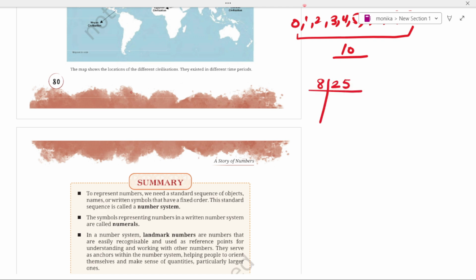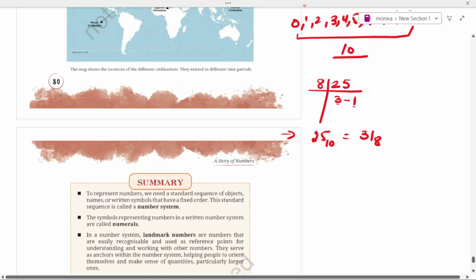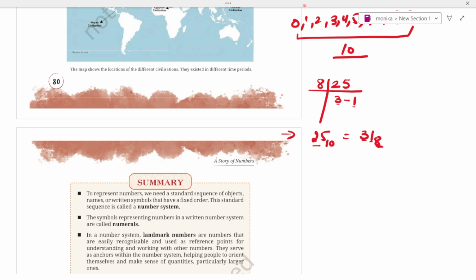Divide 25 by 8, 3 eights are 24 and you will get 1 as remainder. So 25 in base 10 can be represented as 31 in base 8. Divide 25 by 8, and you can write the quotient and remainder here. So 3 is the quotient and 1 is the remainder. 31 in base 8. This is how you write 25 in base 8.